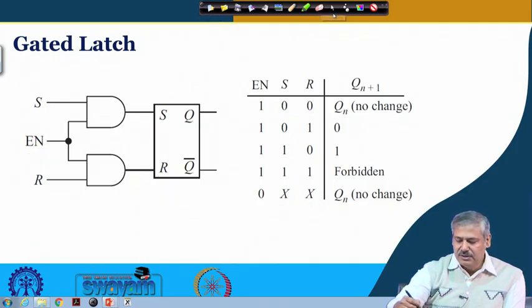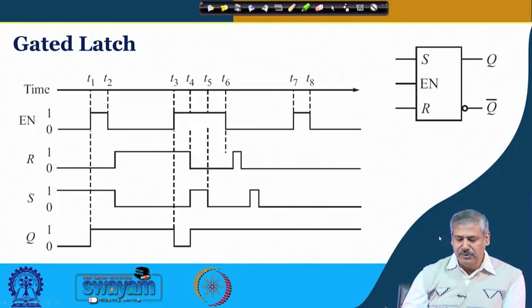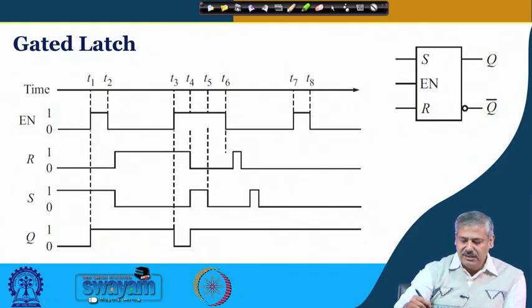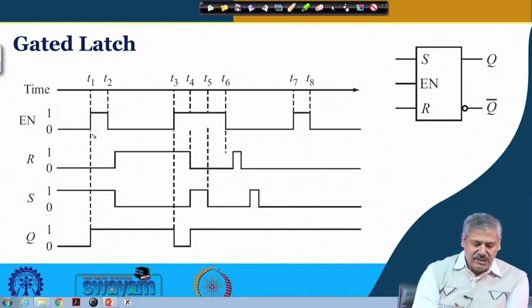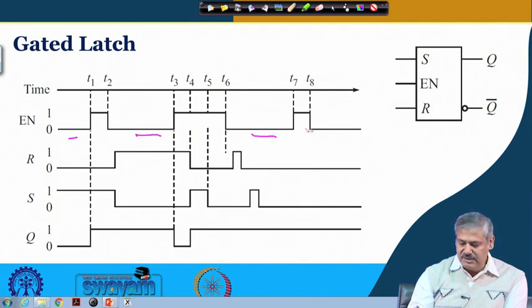So, what is its implication? If you look at a timing diagram, you can see that when enable is at 0, like at this place, this place, this place, whatever changes are there, Q will remain at its value in those cases.